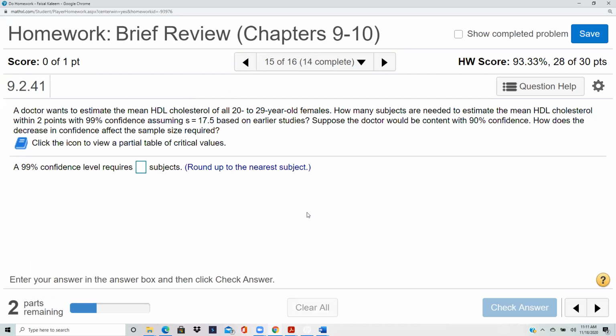Another one requiring the number of subjects, which means you have to find the sample size.